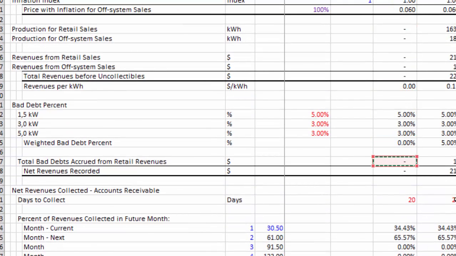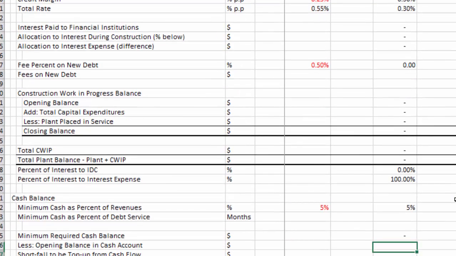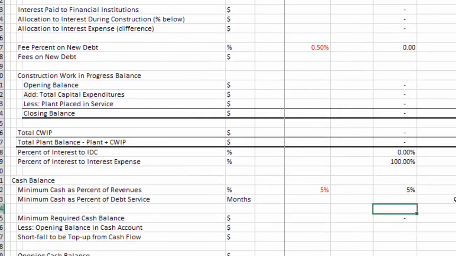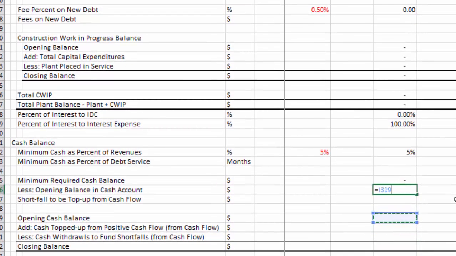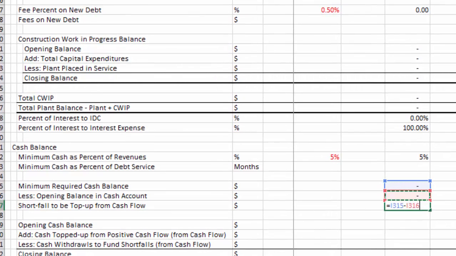The issue is to assume that a certain amount is just required. Then I take the opening balance right here, and the minimum minus the opening balance is the shortfall.